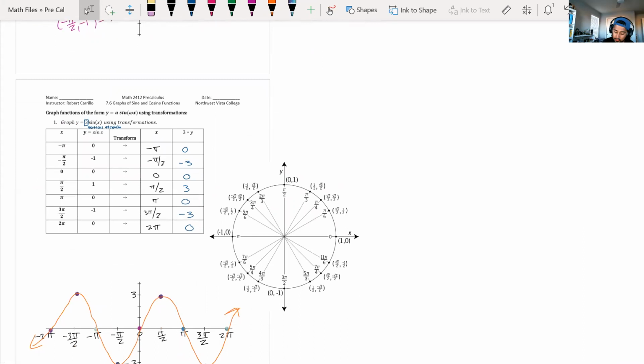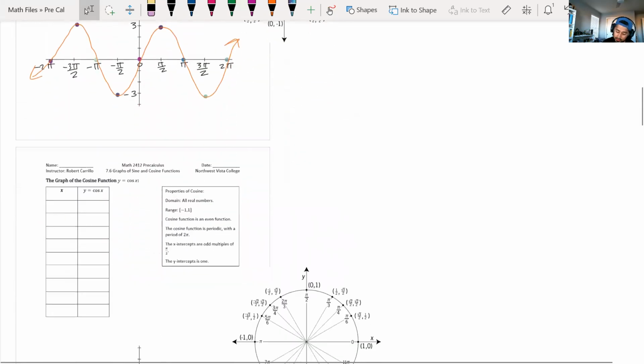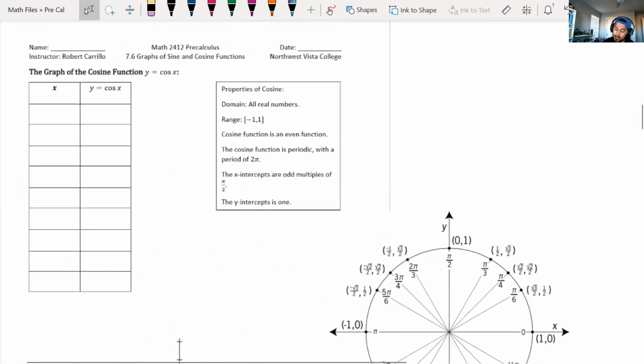Okay, so that was the sine function. Now we get into the cosine function. And the properties of cosine, it's almost the same as sine. The domain's all real numbers. The range is -1 to 1. Cosine is even and also repeats itself every 2 pi. But this time the x-intercepts are going to be at odd multiples of pi over 2, and the y-intercept is 1.